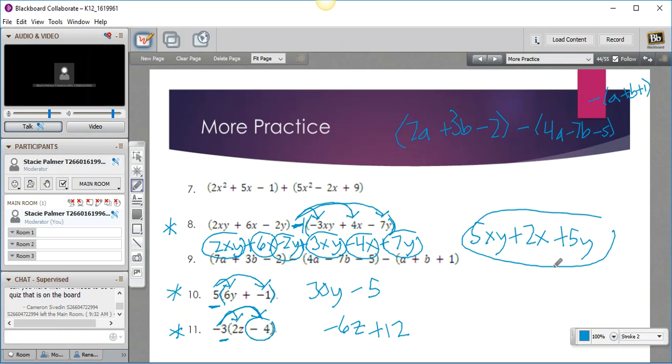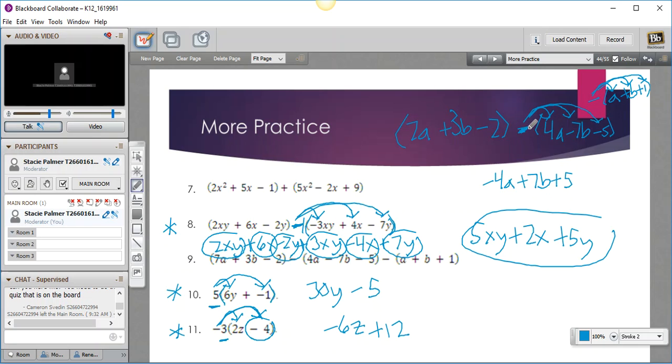Okay, so the first thing we need to do is distribute this minus sign to each of these terms, and this minus sign to each of these terms. Okay, so let's do that first. So this becomes negative 4a, positive 7b, plus 5.